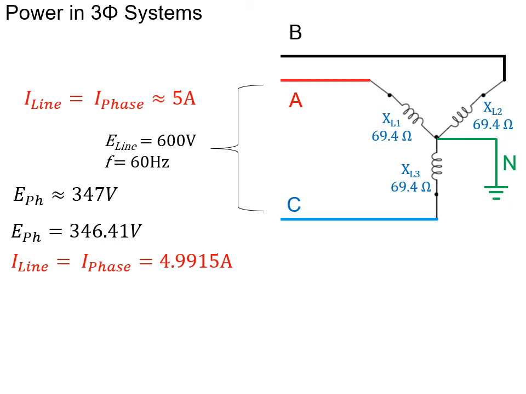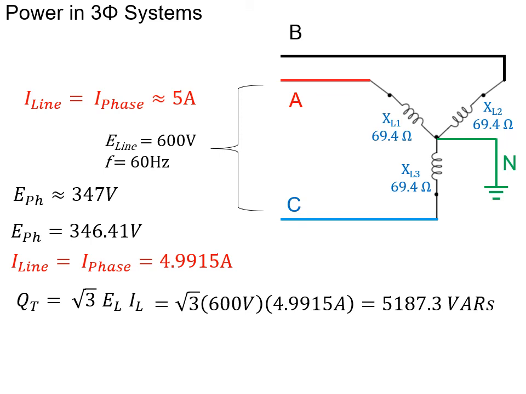But when we compare our two power formulas, and again, line current and phase current are the same in a Y, our voltages are different. When we look at our inductive reactive power, Q, we can calculate it by using root 3 E line I line, which is root 3 multiplied by 600 volts, by our unrounded current, will give us 5187.3 VARs of inductive reactive power.